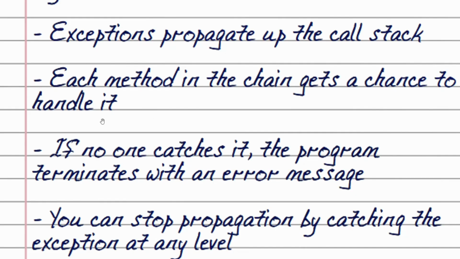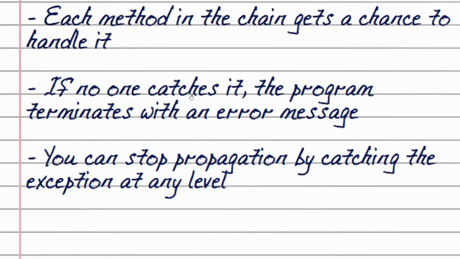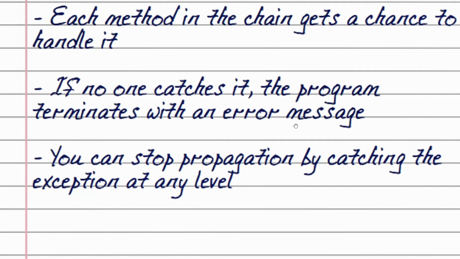So each method in a program has a chance to handle that exception. If no one catches it, the program terminates with an error message. So if no method has handled that exception, the program will terminate with an error message.